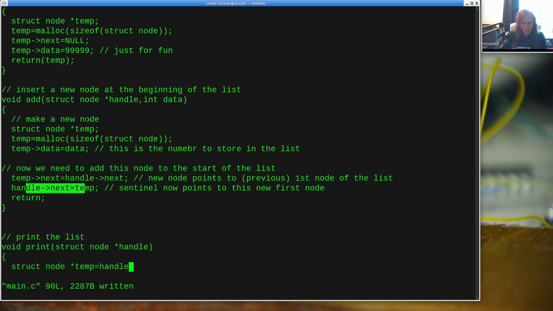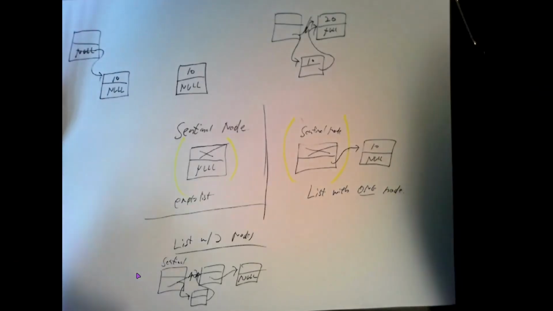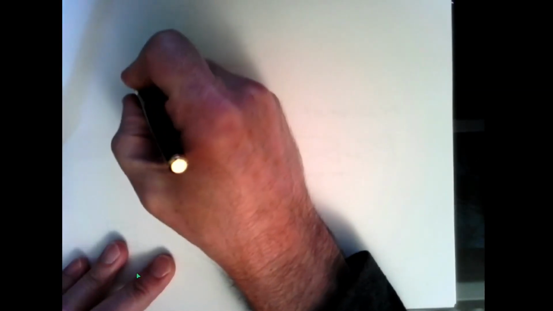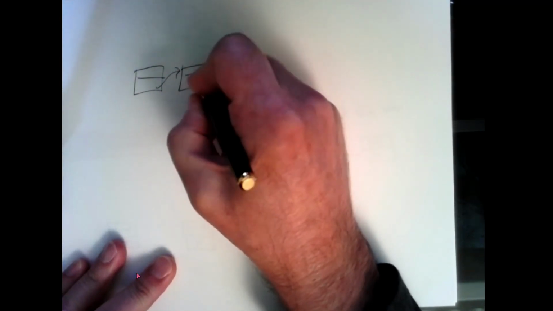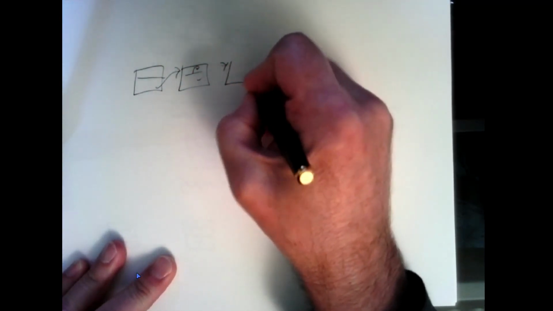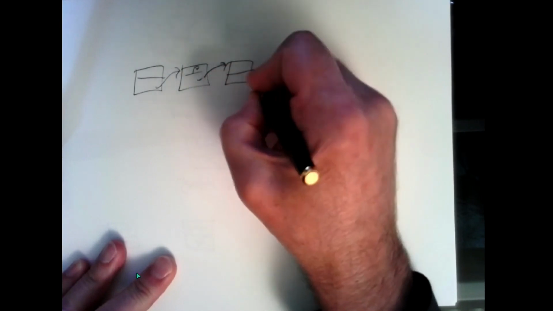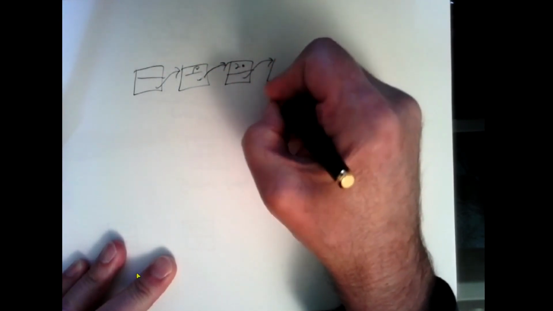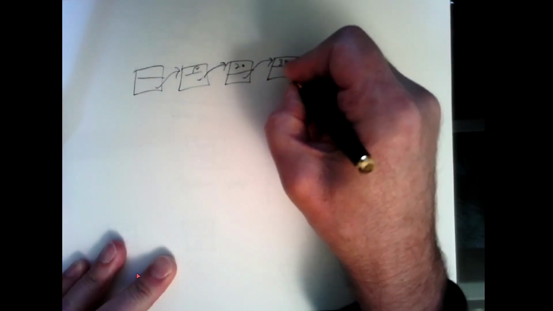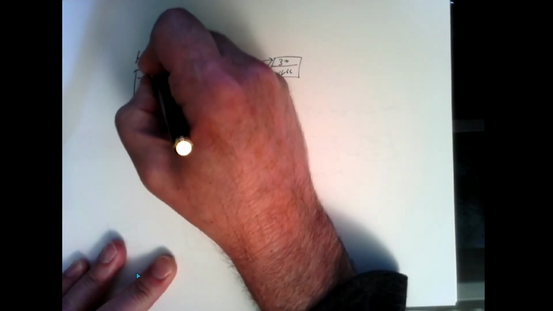So I'm going to draw a picture of a list. So here's a Sentinel. And let's say this points to a 10. And that points to a 20. And that points to a 30, and this is null. So here's our handle, which is a Sentinel.